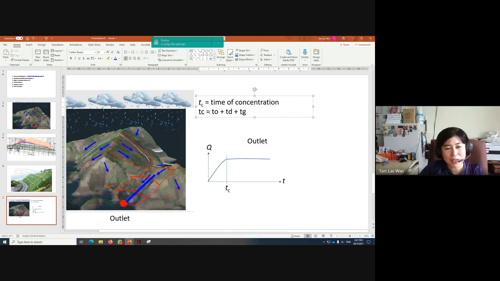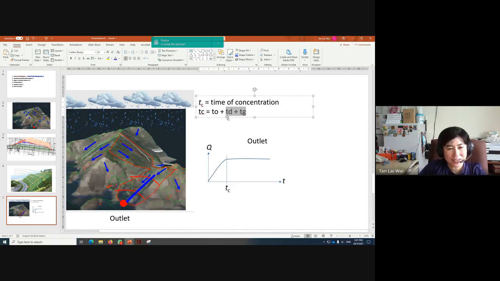At times there's no TD, that means there's no river, so you only consider T naught. Sometimes it's TD only, because everything flows into the river, then you consider TD.